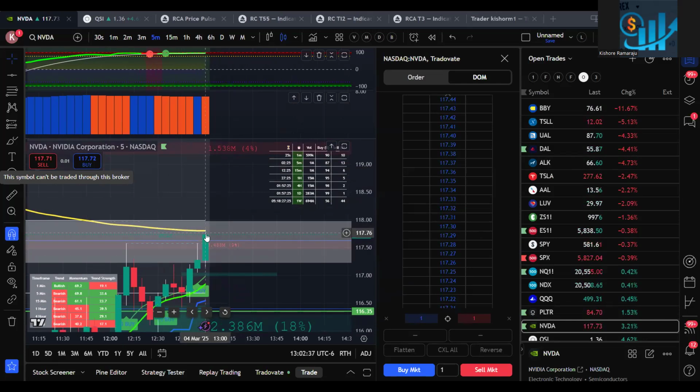I think we'll wait for it to break or it can reverse here.